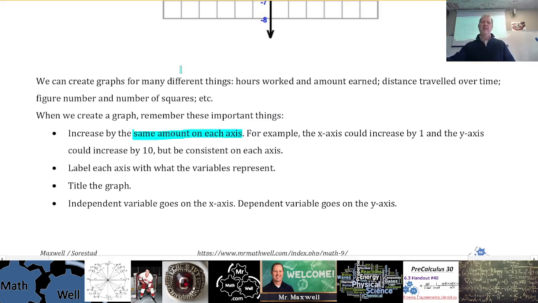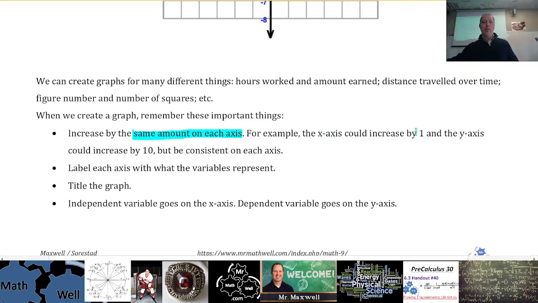So that means for each square or each regular distance that you write, it has to be the same amount. So if your first square is 1, then all the rest of the squares have to be 1 as well. You can't go 1, 7, 9, 55, 56 on each square. You can't do that. You have to make it evenly spaced, okay?